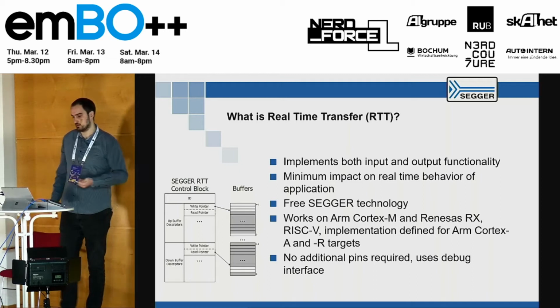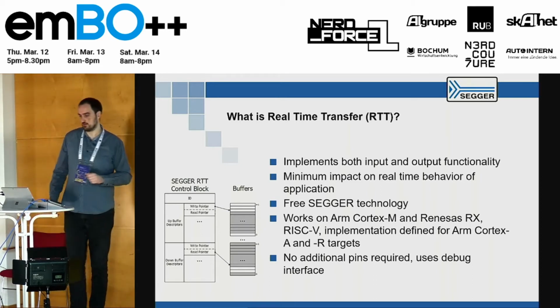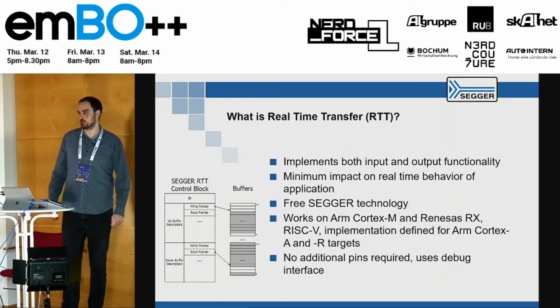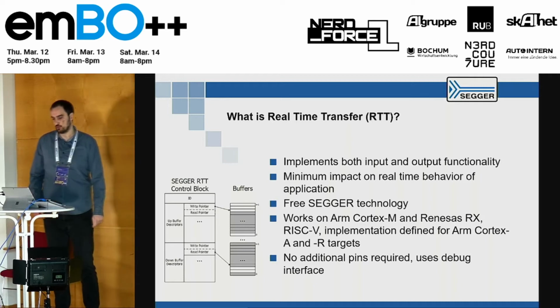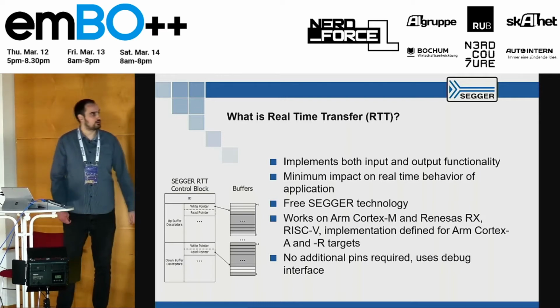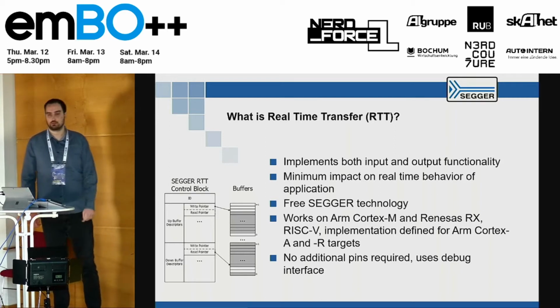In this case, you will need at least a J-Link. But as I talked to a couple of you guys, you already have some, so this is free technology. You can simply use it on top of the debug probe you already have. This works while the target is running on ARM Cortex and RX devices on RISC-V, so this is something new and exciting.